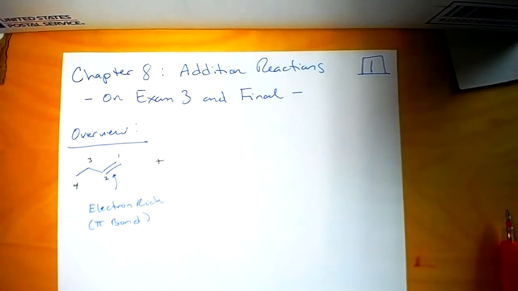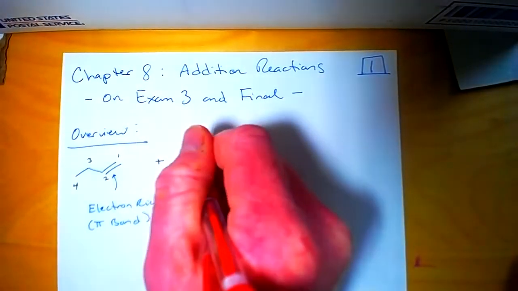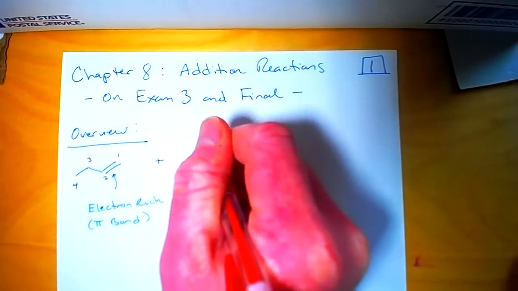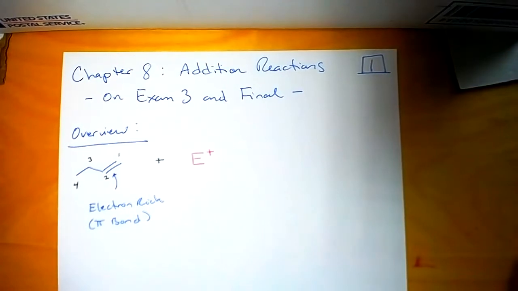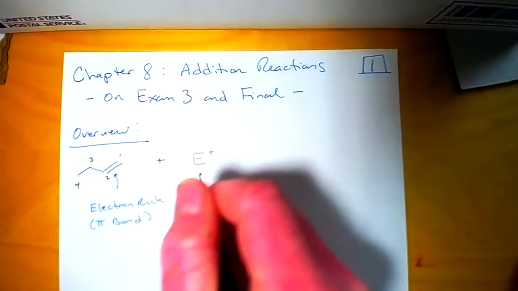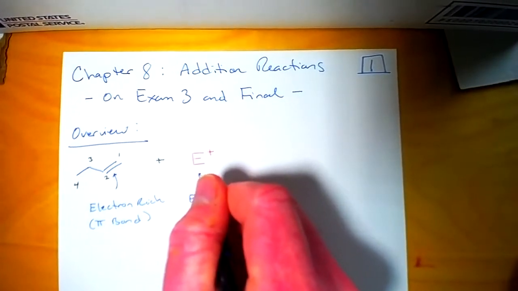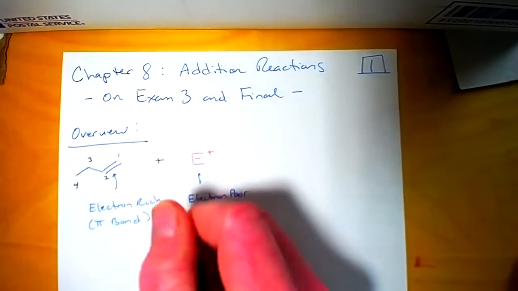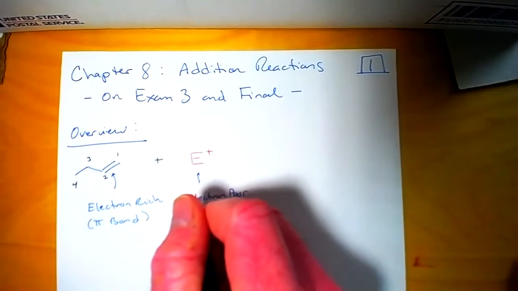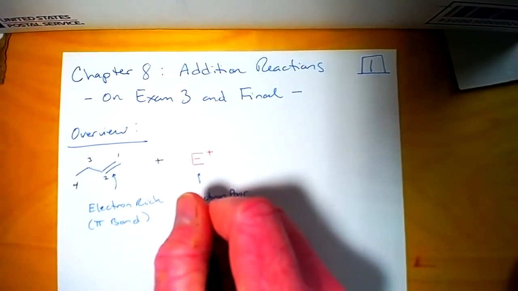Now, what it's going to react with is generally something that is positively charged, what I'm going to call E+. This particular species is electron poor. That's why it's positively charged. It doesn't necessarily have to be positively charged.